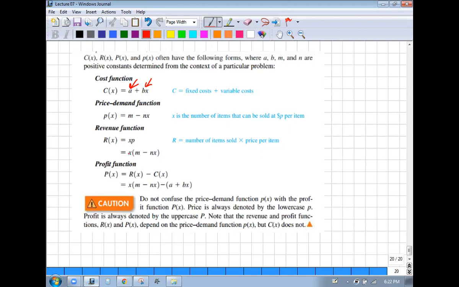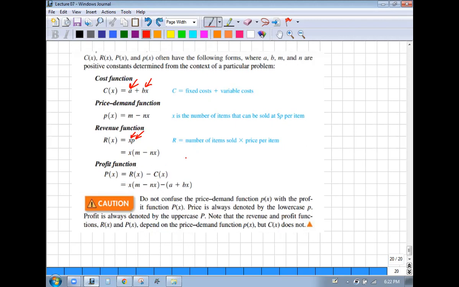Revenue is the number of items sold times price per item. x is the number of items, multiply by the price per item, and you get your revenue. So your profit function is your revenue minus cost.